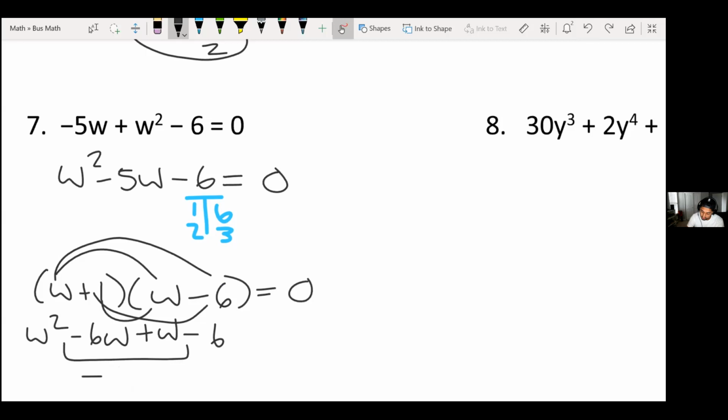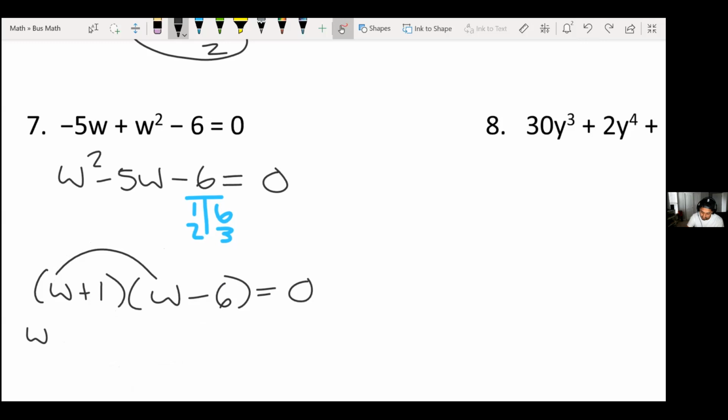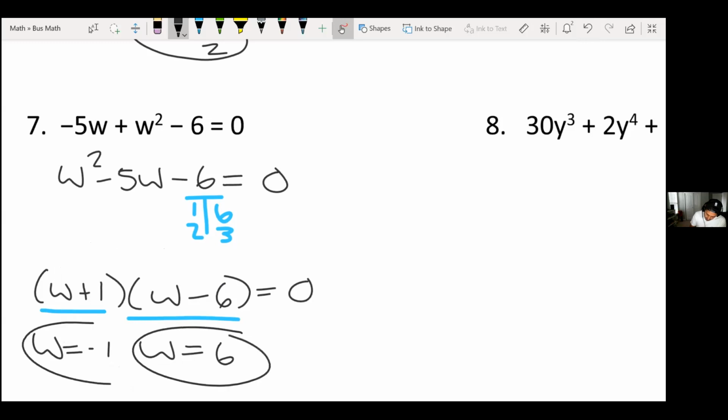Since it's completely and correctly factored, set those terms equal to 0, and w would equal -1, and w would equal 6. Perfect.